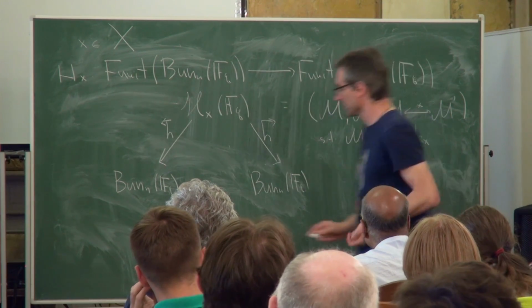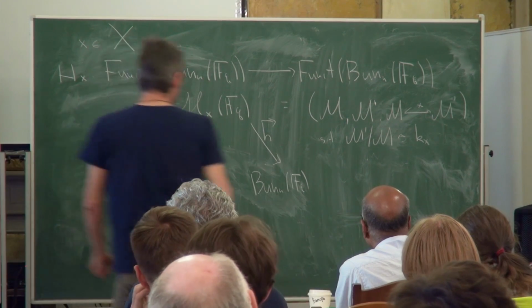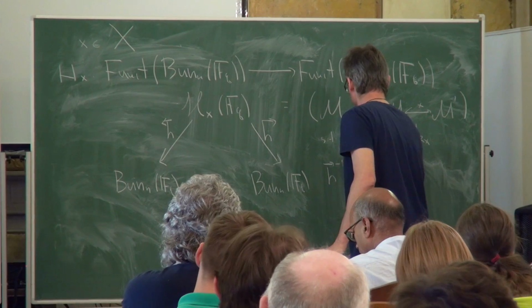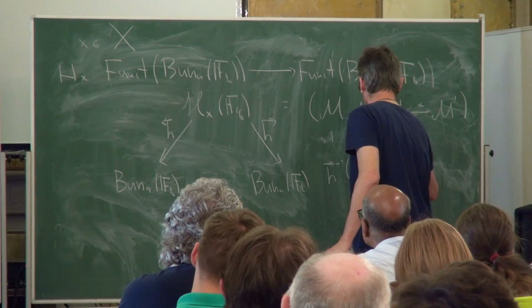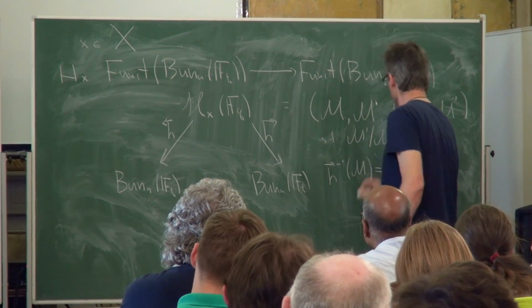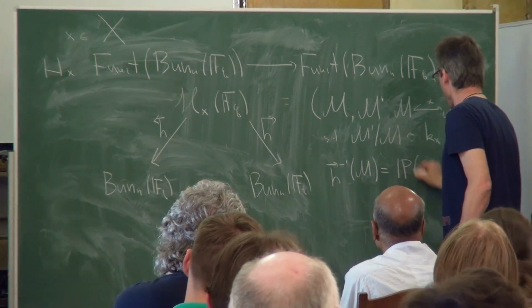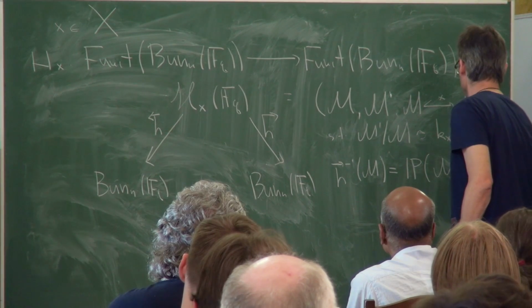More precisely, more canonically, the preimage of the given M is the space of points of the projectivization specifically of the fiber of M at this point.